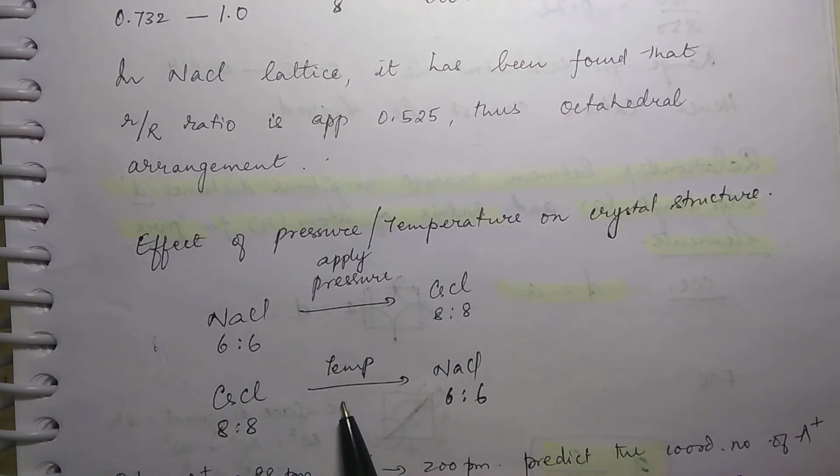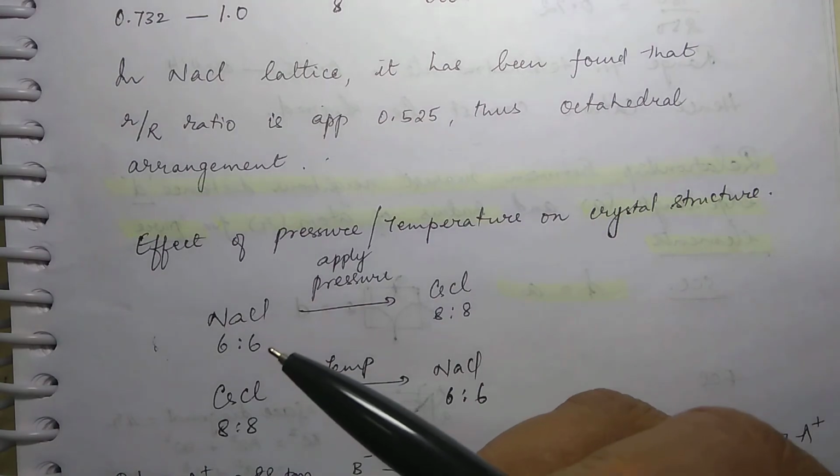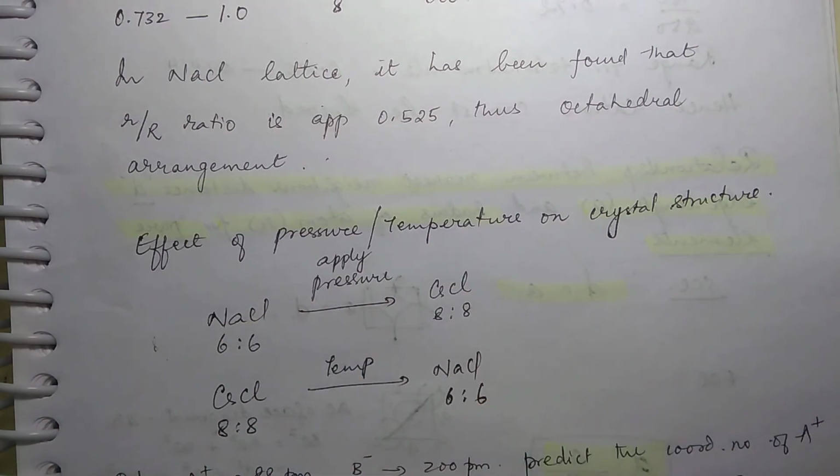Whereas if you apply higher temperature to a particular lattice, then what will happen? Because of the temperature, the ions will get loosened. It will try to get out of its lattice site because of the melting. Is it not? And in that case, what will happen?